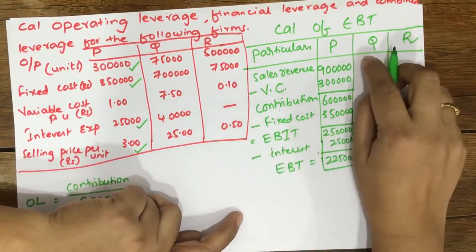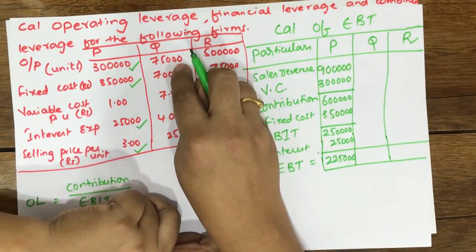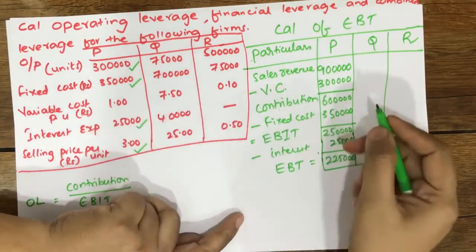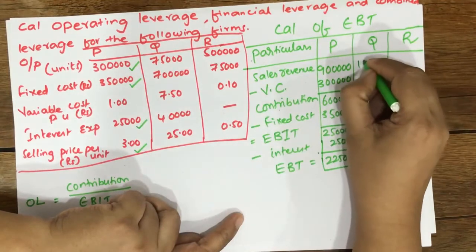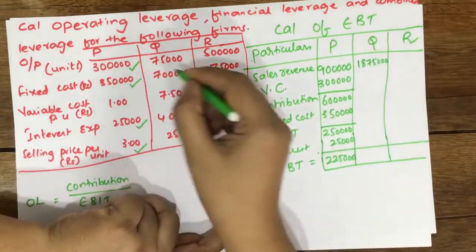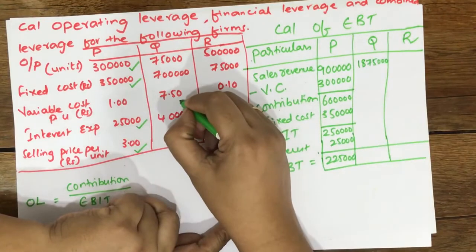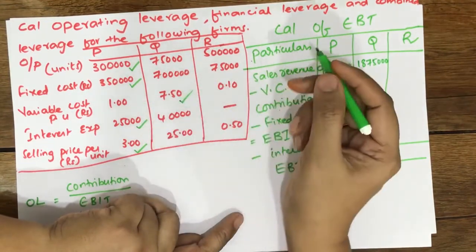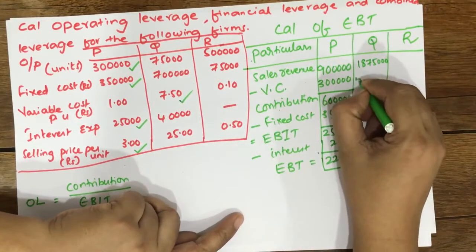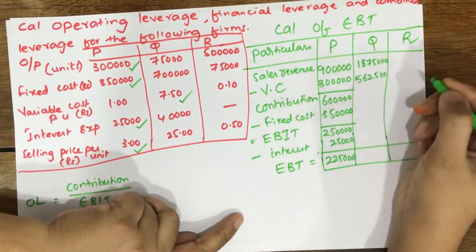In the same manner, let us find out for firm Q and firm R. In case of firm Q, 75,000 units is its total output. When multiplied by 25 rupees, which is the selling price per unit, it is 18,75,000. Variable cost is 7 rupees 50 paise per unit, so into 75,000, it is 5,62,500.